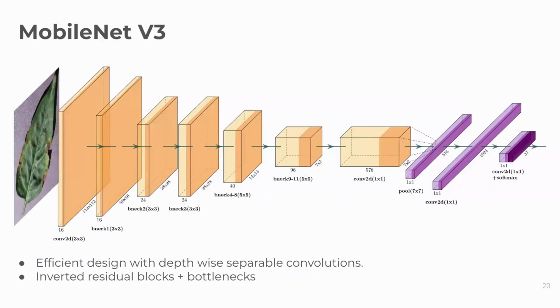So the next one is MobileNet version 3. This one was developed for lightweight resources like mobile applications, whereby you start with a bigger image and pass it down to different convolution layers.